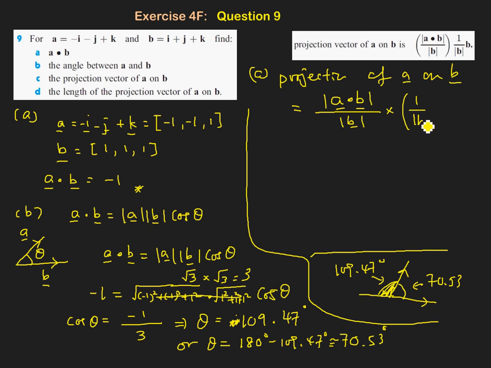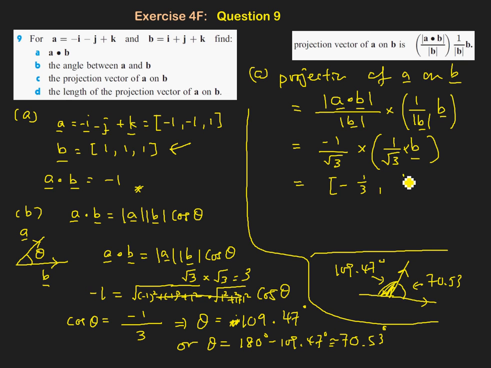So this would be -1 over the square root of 3, times 1 over the square root of 3, of course, times the vector B. And the vector B is actually this here, (1, 1, 1). If you perform all the calculations, in the end you end up with this.